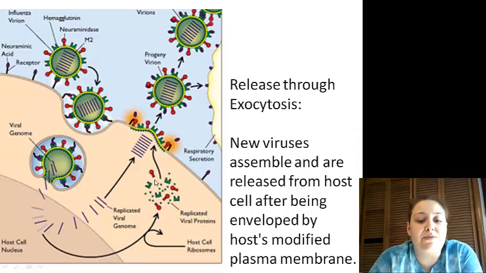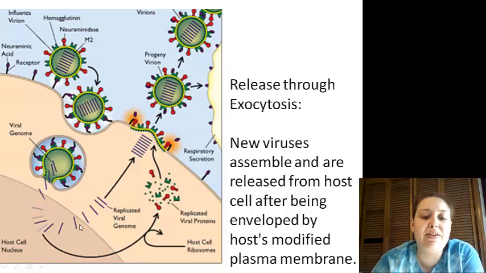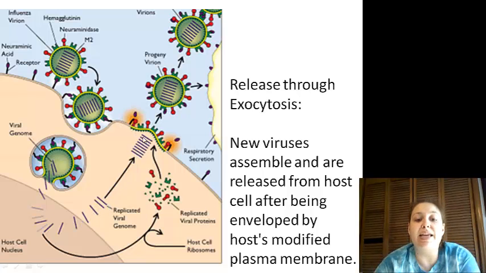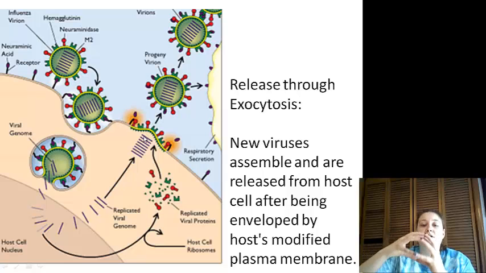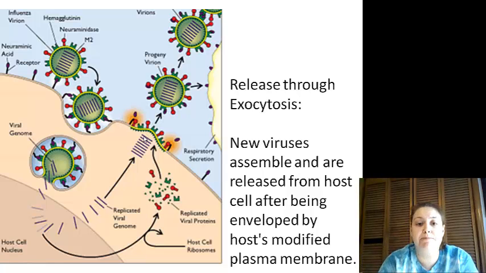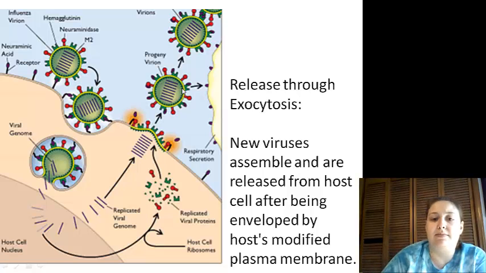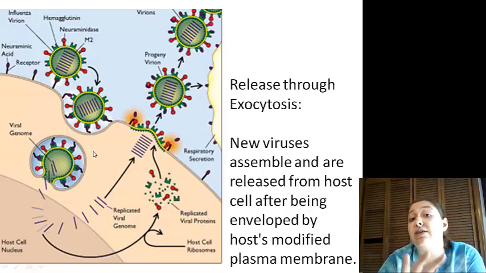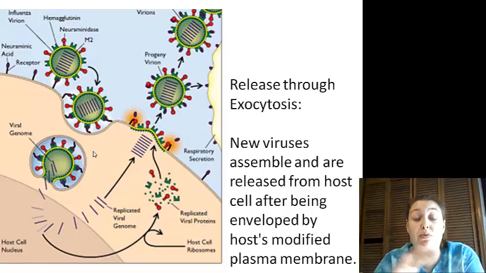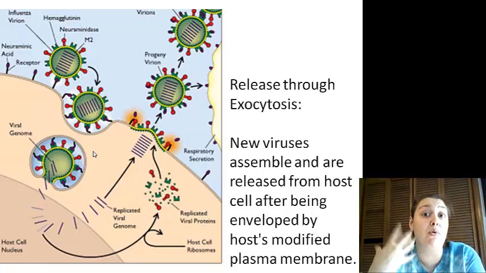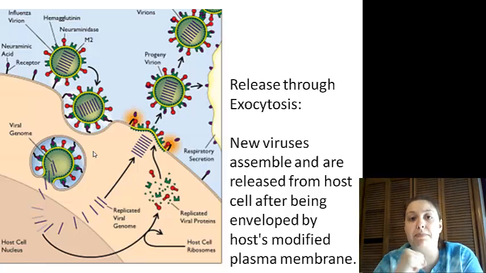All of these viral proteins that are created are put onto the outside portion of the cell. And then the viral genome is packaged as it goes out through exocytosis to create a new virion. This does not cause the cell to burst, and this cell will continue to make more and more and more viruses.